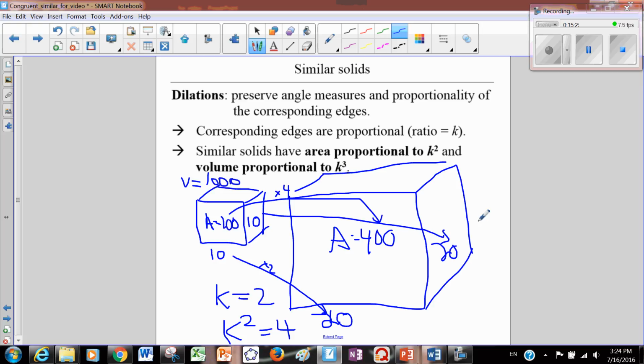So you can try it. What's 20 times 20 times 20? It would be 8000. So the volume, it would be K cube. It's the same as 2 times 2 times 2, or 2 cube. The scale factor would be 8. You can see that it's 8 times bigger.